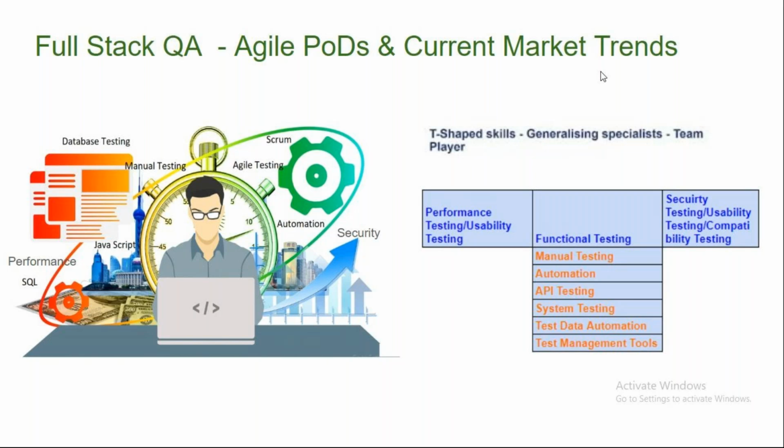Right? So in that perspective, if you already are in the testing field and you're good in one thing, it is very much expected in today's job market to have a breadth of knowledge in other testing areas. Right? The main reason is there are going to be small teams working on your features or the modules, right?